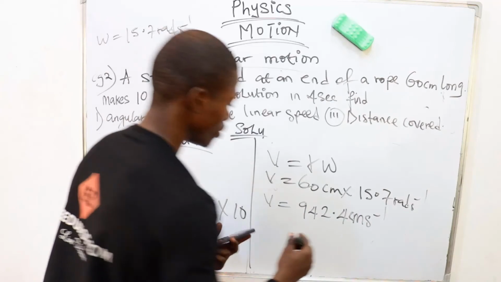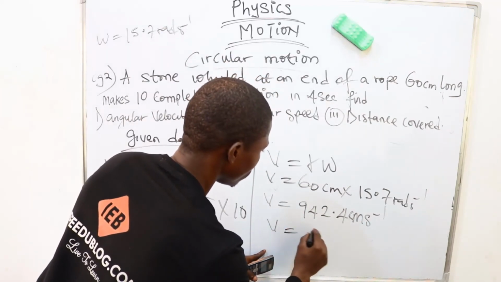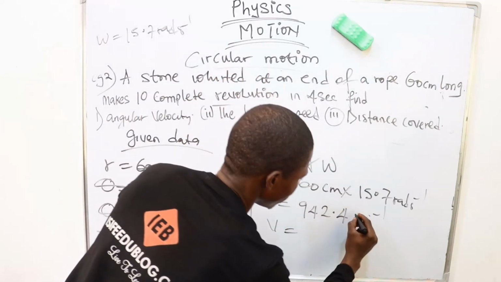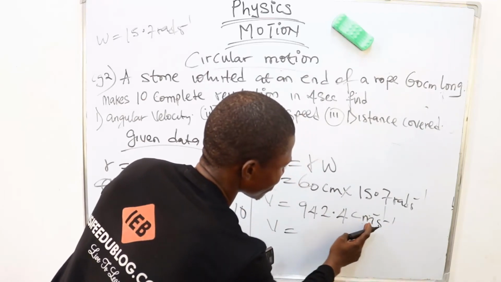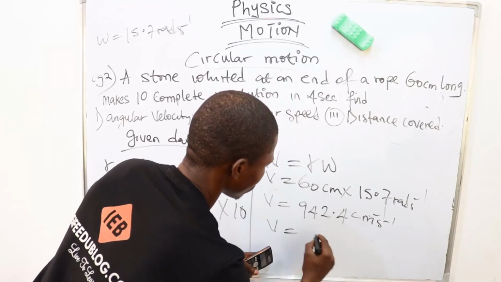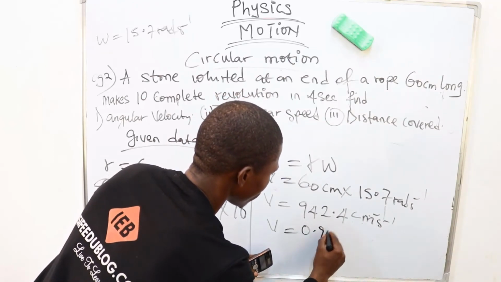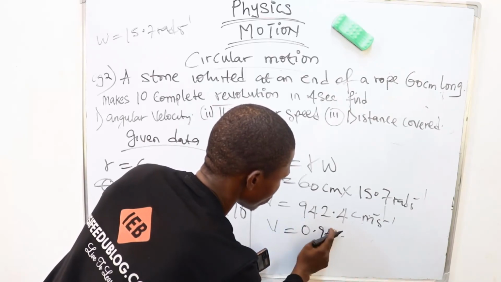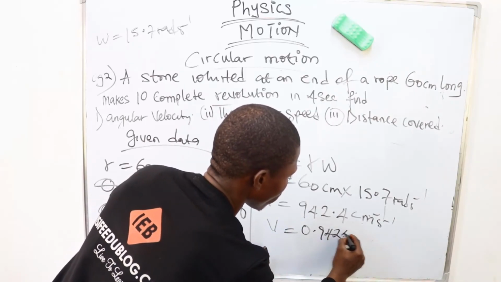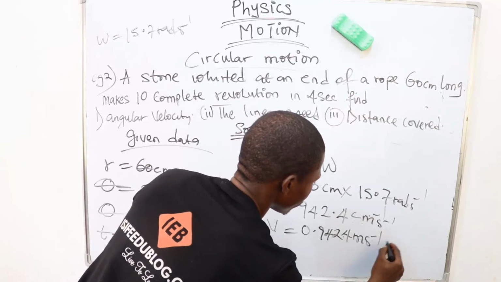We are converting from centimeters per second to meters per second. This now will give us 0.942 meters per second. This is our answer.